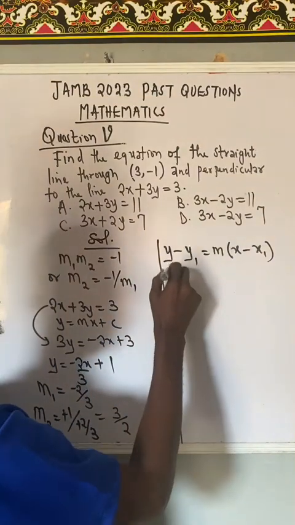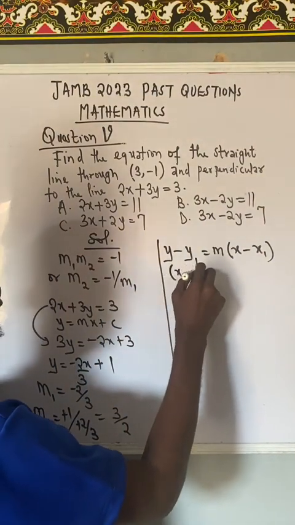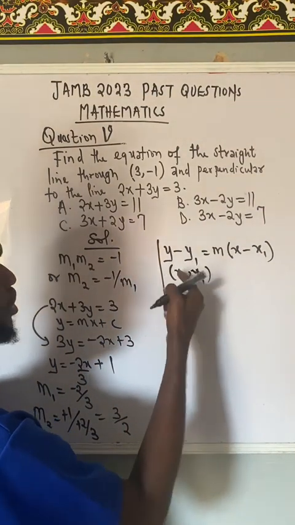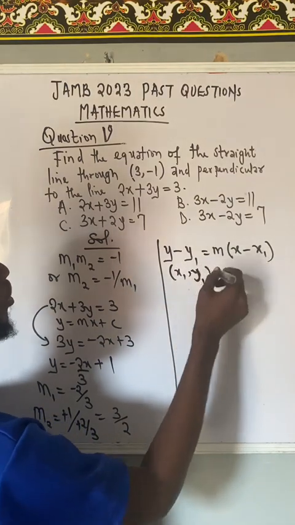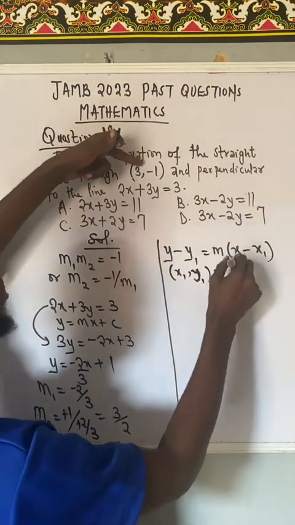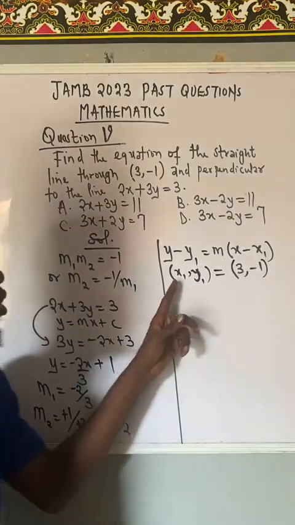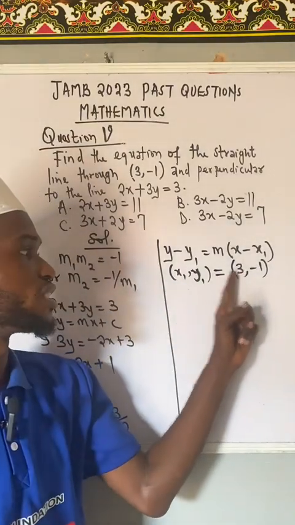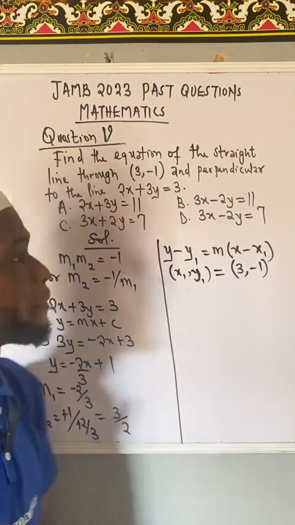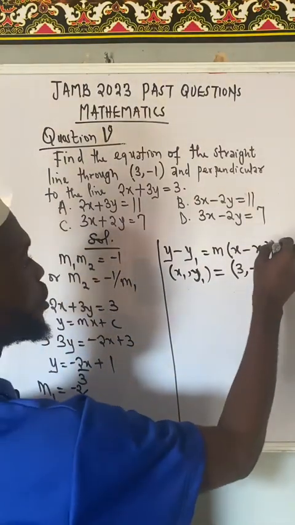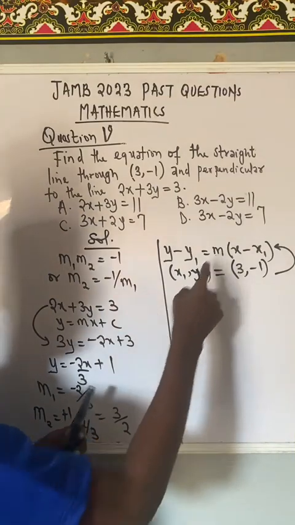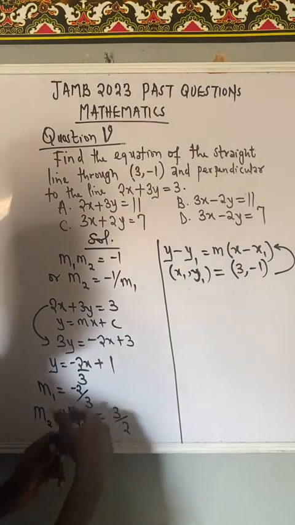So the one point is x1 comma y1. This is the point that we are talking about, and that is the same as the given point from the question, which is 3 comma minus 1. It is easy for us to see that x1 equal to 3 here and y1 equal to minus 1.